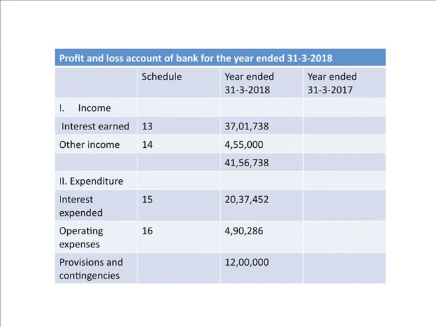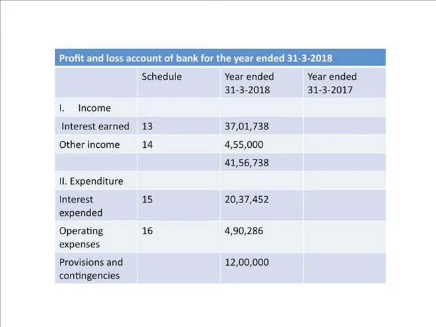Now we can see that we have reflected all the information for income and expenditure. Income aggregating is 41,56,738 and expenditure is 20,37,452 for schedule 15 and operating expenses of 4,90,286. So, schedules we have filled up.